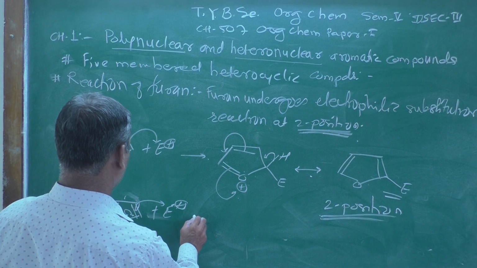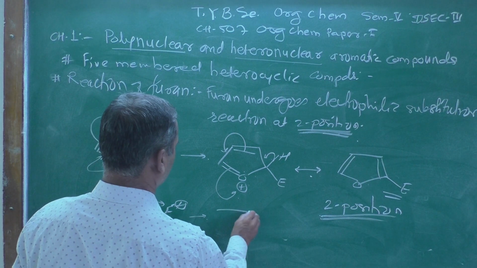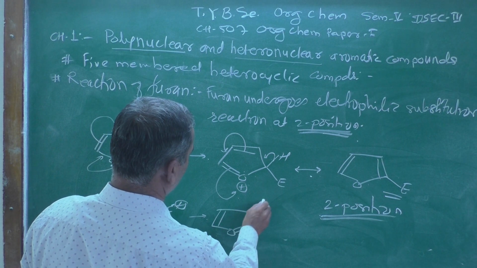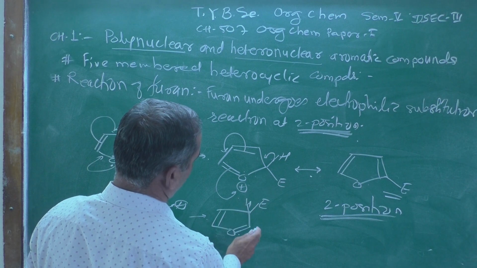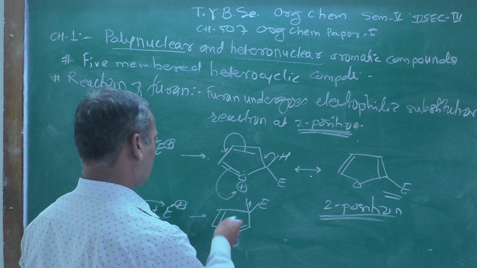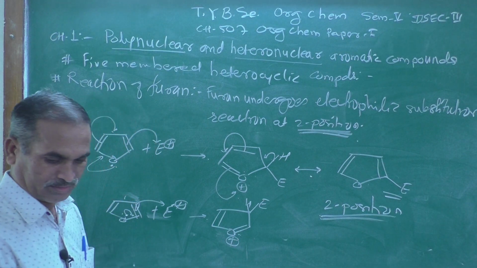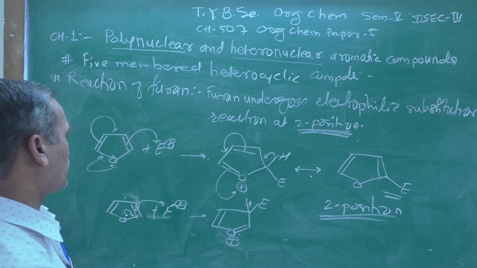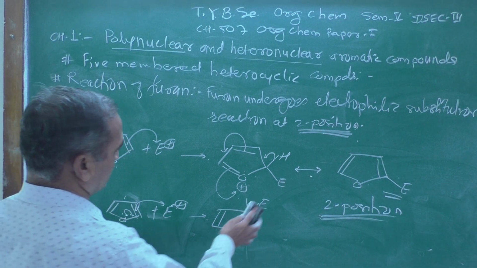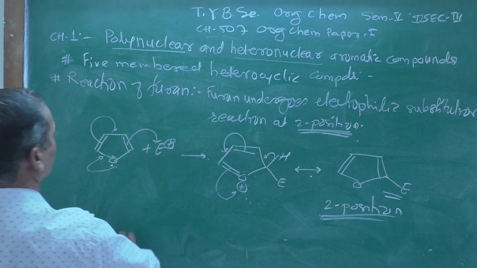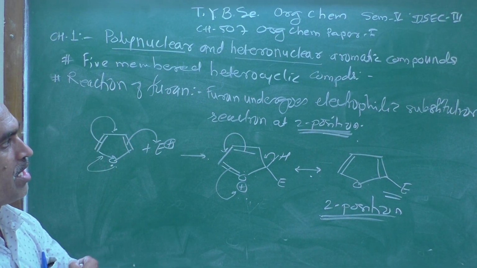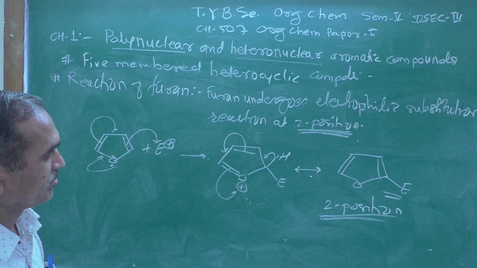Suppose here O and the electrophile E, H, positive charge over there, and once again this type of impossible transition state is formed. The other is a readily occurring transition state, and therefore always remember furan undergoes electrophilic substitution reaction at 2 position.